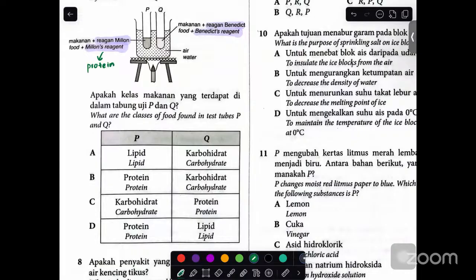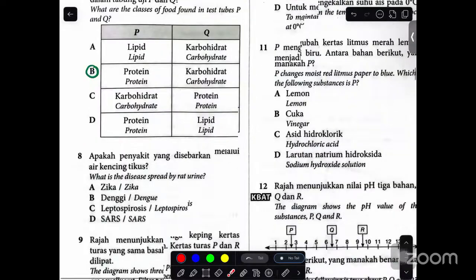Okay, kalau teacher want to check sesuatu makanan ada protein or not, teacher will use Millon's reagent to test it. Okay, kalau teacher nak test sesuatu makanan ada carbohydrate or not, teacher will use Benedict's reagent. Okay, so P adalah protein dan Q adalah carbohydrate. Okay, so Millon is for protein, Benedict untuk carbohydrate. Okay, faham? Boleh ya? Come.